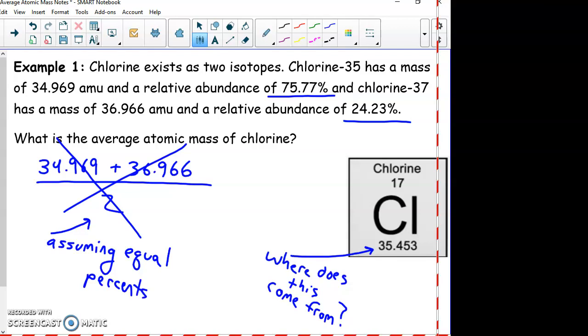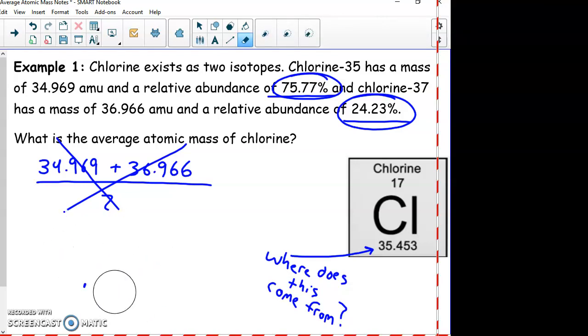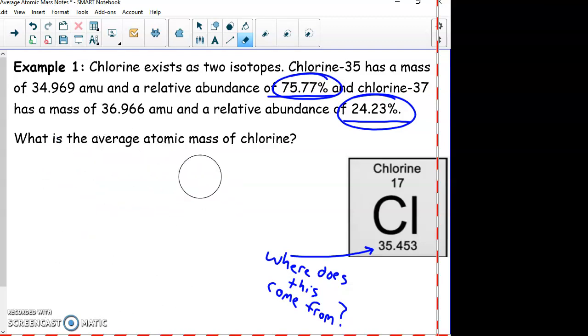And so when you look at our two numbers here, 75.77, 24.23, those are not equal to each other. So we can't do that. We have to use these percentages based on their actual numbers. So in order to do that, we're going to turn both of those percentages into decimals.